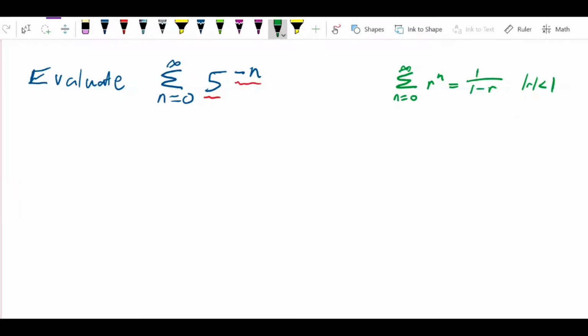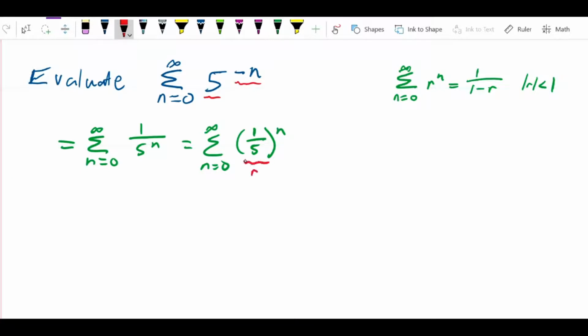But if you look a little bit more closely, I can rewrite 5 to the negative n as 1 over 5 to the n, which is also equal to, since 1 to the n is the same thing as 1, 1/5 to the n, and now I actually do have a value of r. We can easily see that the absolute value of 1/5 is less than 1. So therefore, this series does converge.